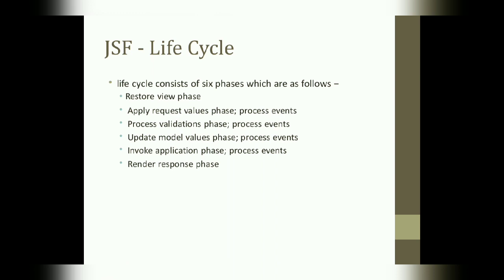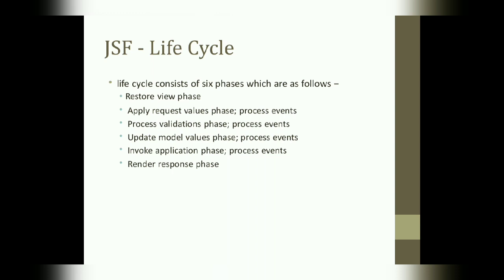The JSF application life cycle consists of 6 phases, which are as follows: restore view phase, apply request values phase, that is process events, then third, process validations phase, again related to process events, update model values phase, that is again process events, and invoke application phase, that is process events, and the last is render response phase.